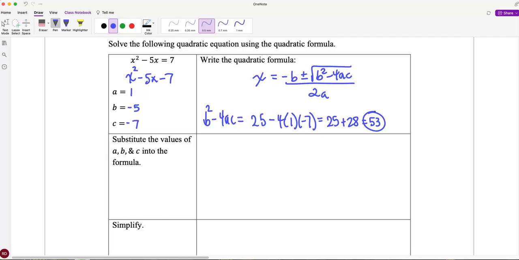So now I get x equals negative b plus or minus the square root of b squared minus 4ac over 2a. So this one does not simplify. Like I said, if you split it up into 5 halves plus or minus root 53 over 2, either way, there's no simplification here.